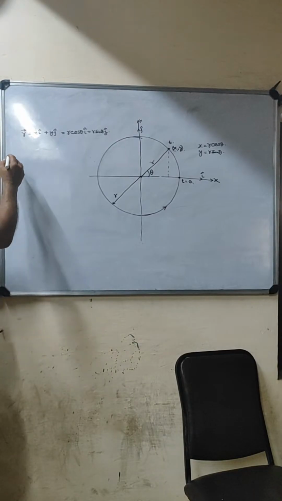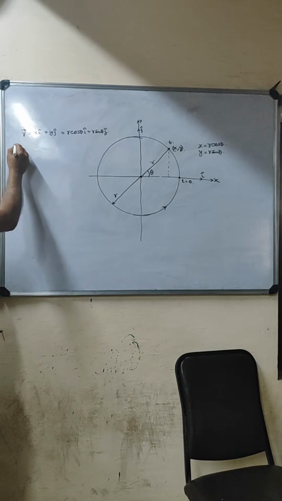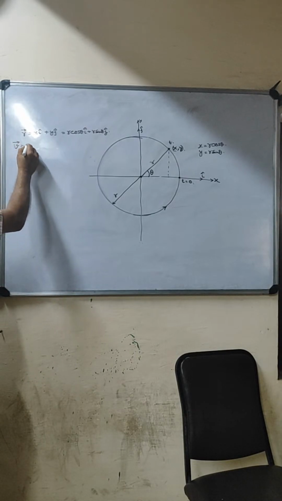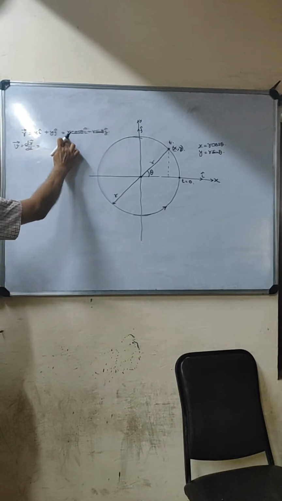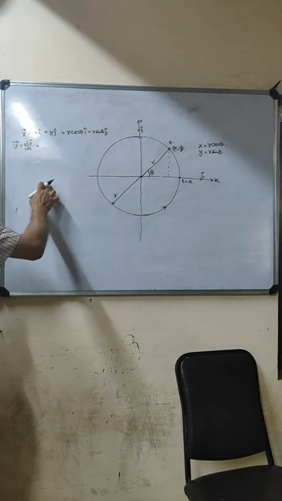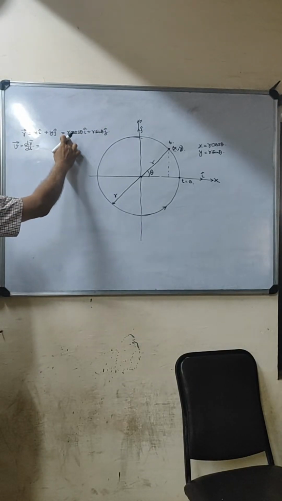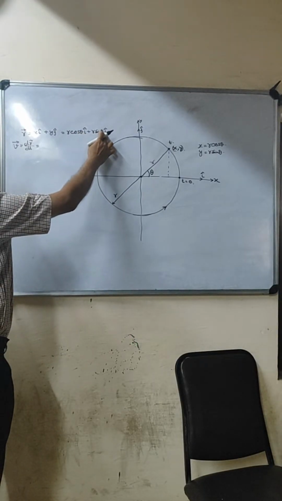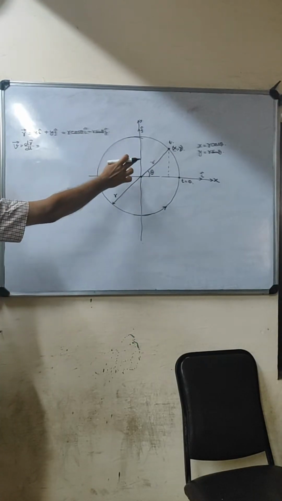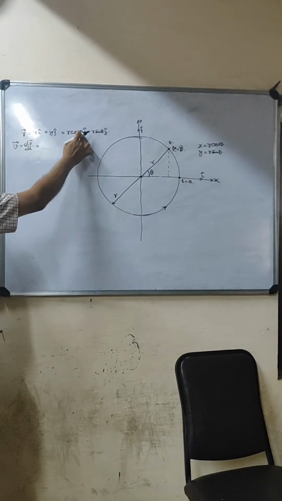So, velocity vector is the rate of change of position vector, dr bar by dt. Now if I differentiate this, please note r is constant, i hat constant, j hat constant, theta is changing. So how do I differentiate this term?